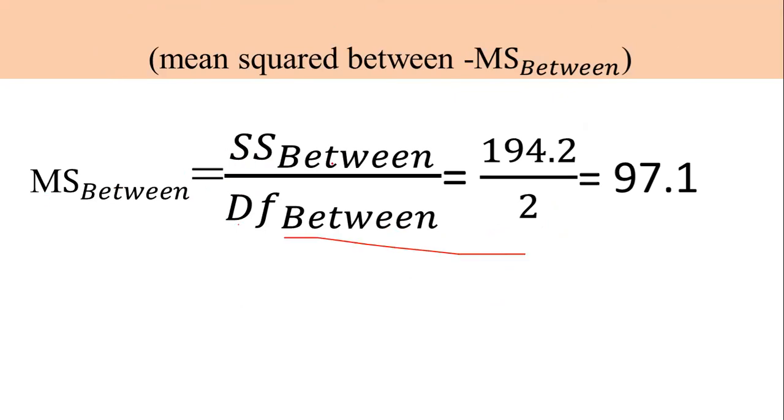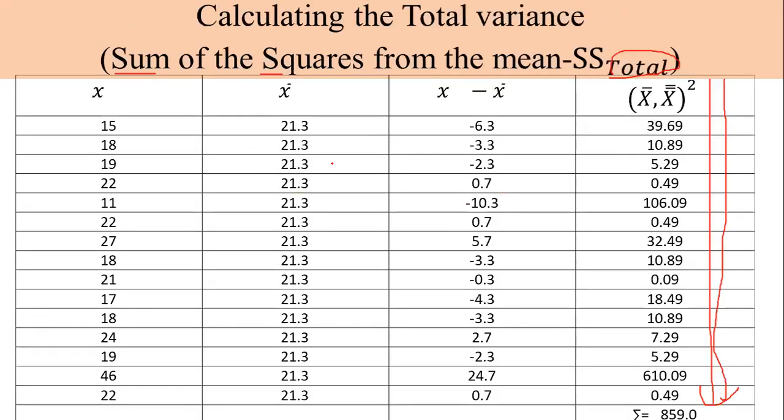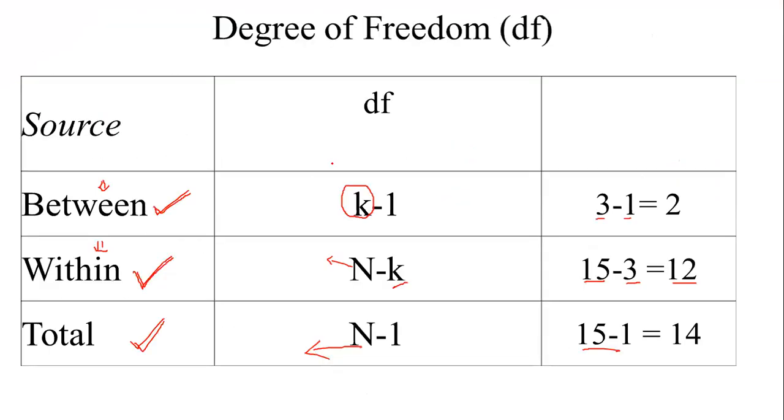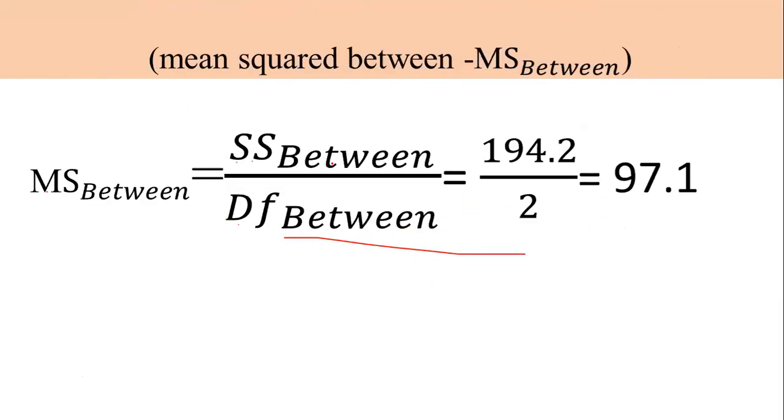You remember, the sum of squares between we have just calculated, and the degree of freedom, remember what we had at the beginning. Degree of freedom between is the groups minus 1. There were 3 groups, minus 1, so the degree of freedom is 2. Now we bring it here. So it's 194.2 over 2.